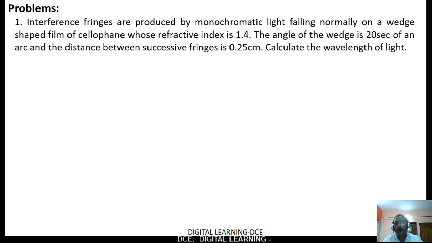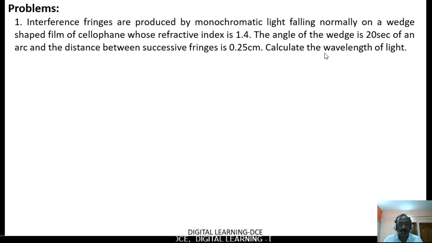Let us see the problem section. First one: interference fringes are produced by monochromatic light falling normally on a wedge-shaped film of cellophane whose refractive index is 1.4. The angle of the wedge is 20 seconds of an arc and the distance between successive fringes is 0.25 cm.